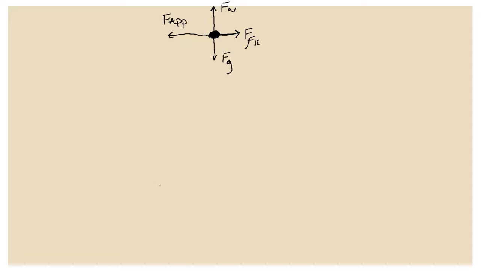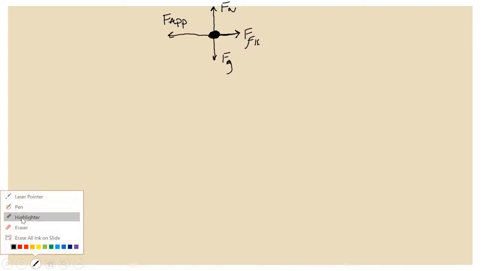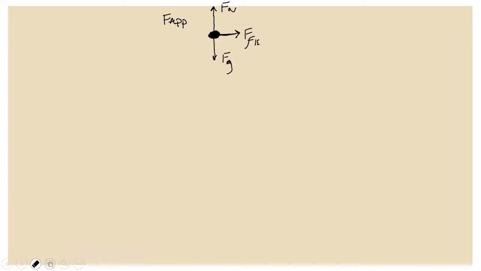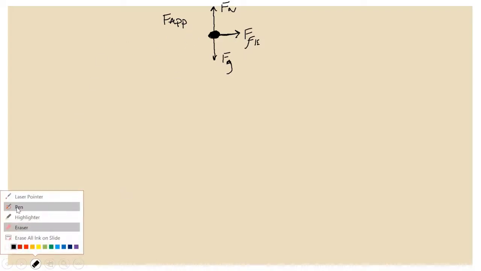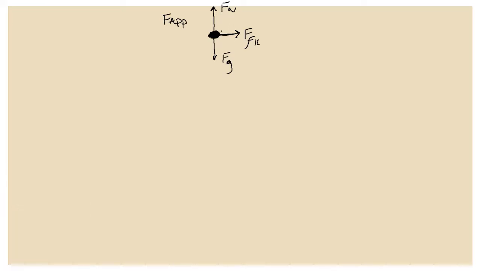Now, in this case, the applied force should be smaller than the force of gravity if the thing is 10 kilograms. So let's just make sure we're being totally precise about that. The scale here is a little sketchy, but you get the idea. Make that a little longer than the friction force. We'll make these a little bit longer, but that's the idea. And so it's good to do these free body diagrams with a pencil so you always have them straight.